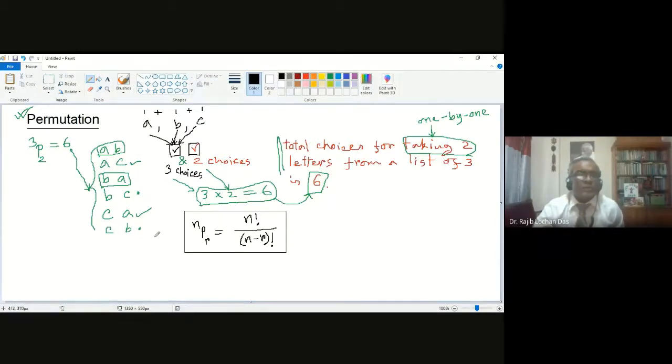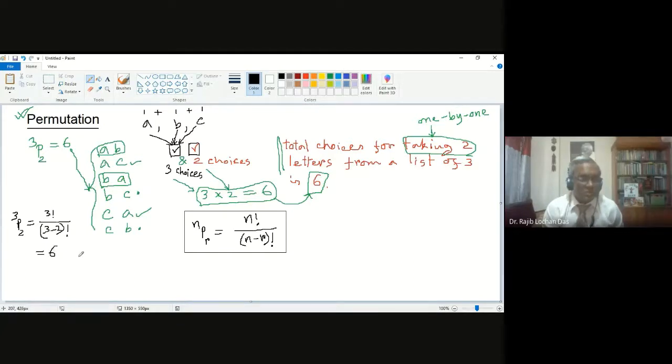In this case, if you want to check what will happen for 3P2, that will be factorial 3 divided by factorial of 3 minus 2. So factorial of 3 minus 2 is only 1, and factorial 3 means 3 into 2 into 1. So it is 6.